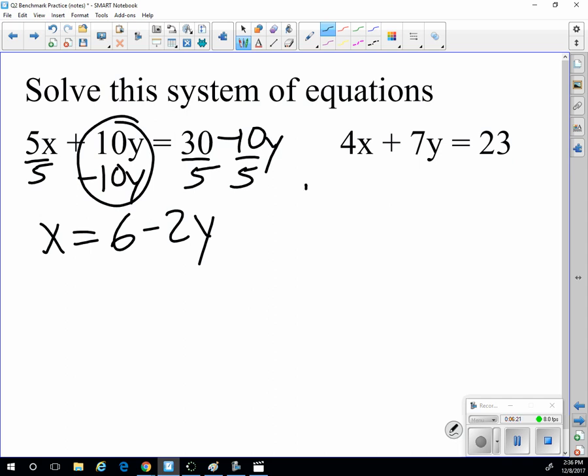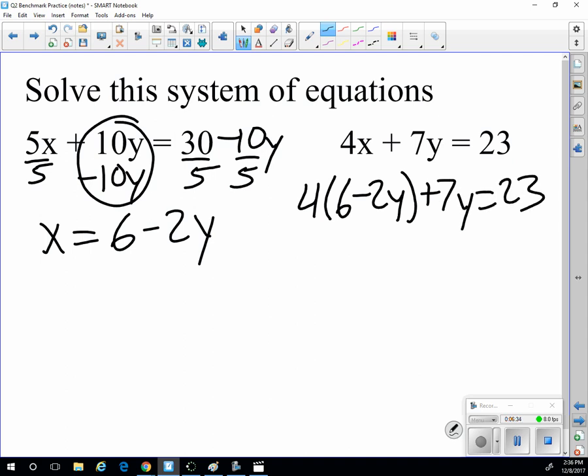Well, 4 of those would be 4 of those, because that's what x is equal to. We still have the plus 7y, that equals 23. Now we have that whole equation with only one variable, which is y, so we can solve for y. 4 times 6 is 24. 4 times negative 2 is negative 8. And then plus 7y equals 23.